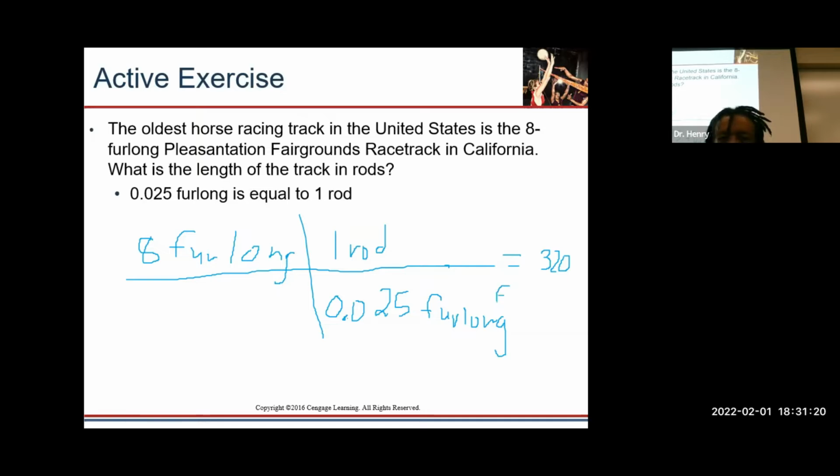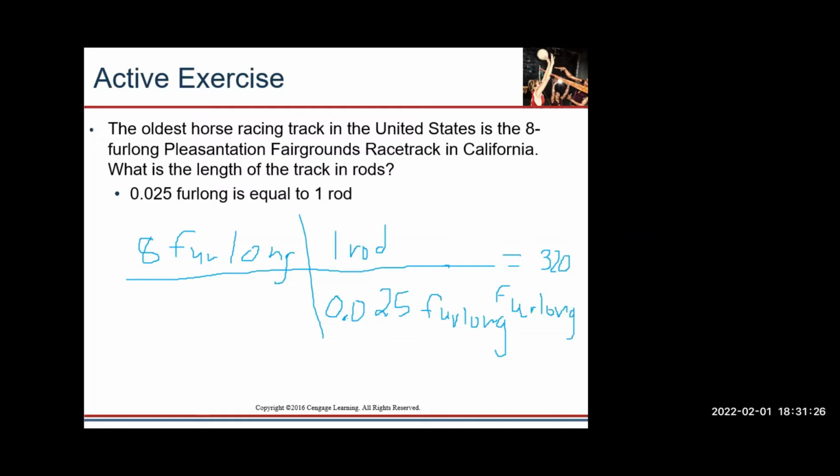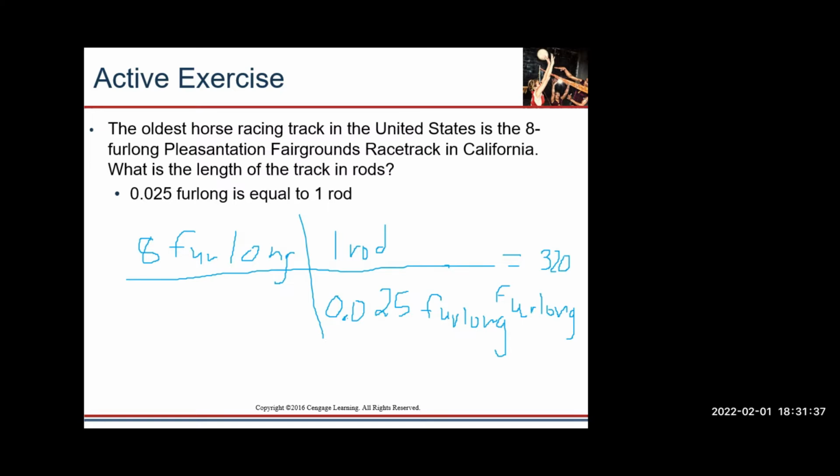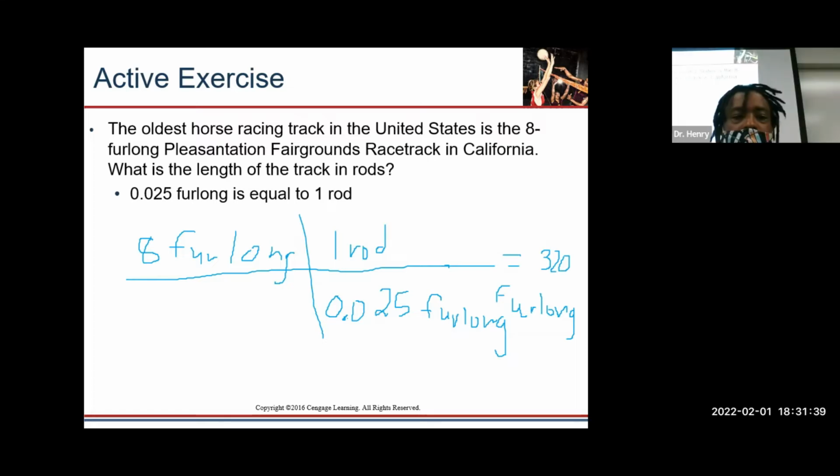Okay, questions, concerns? Wait, how'd you get that again? What was that, Jason? How did you get the 320? You have to say it a little bit louder. So what we did was we have 8 divided by 0.025.